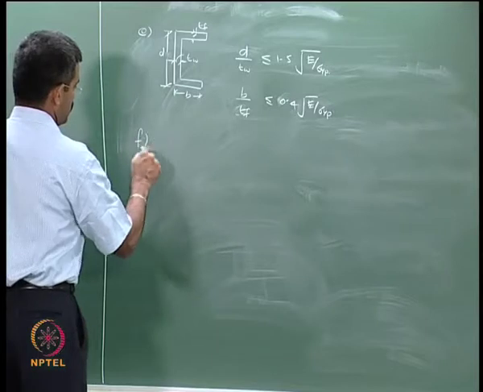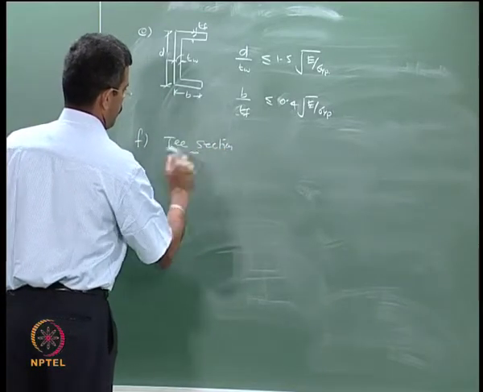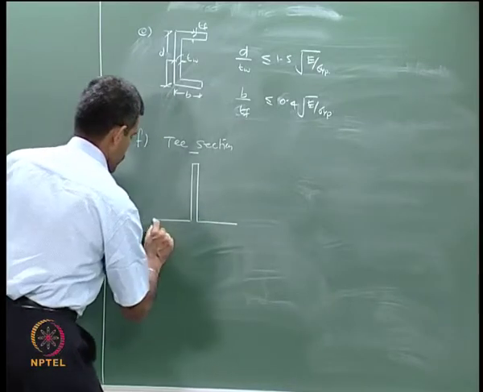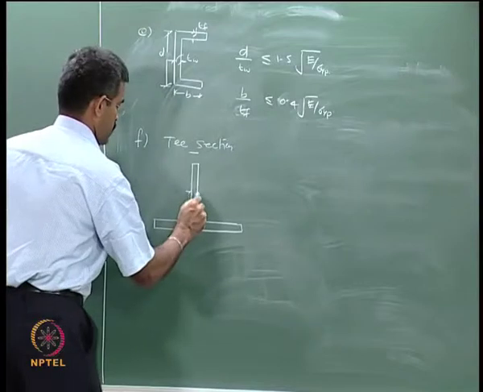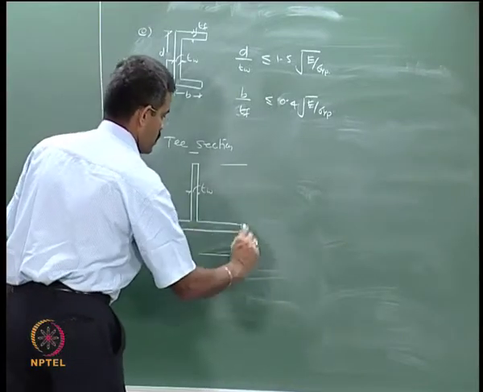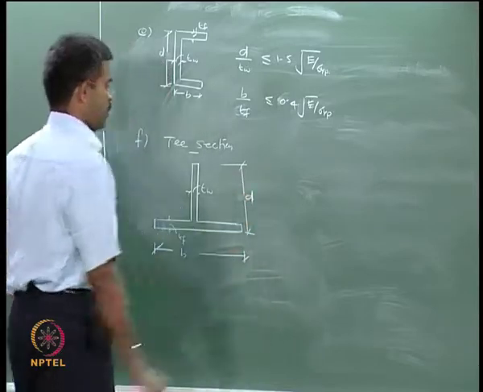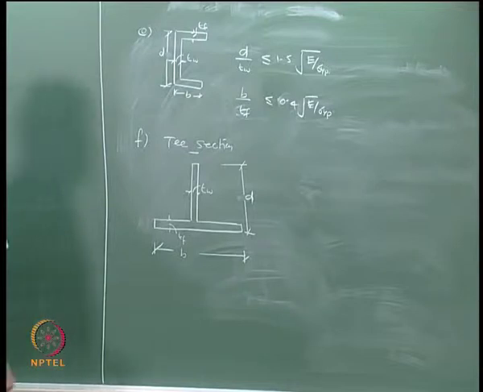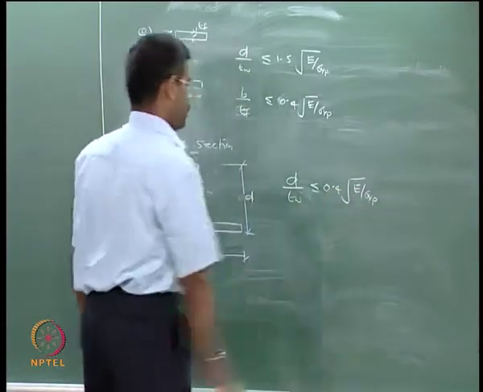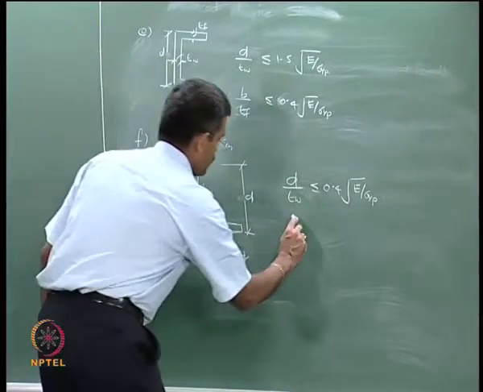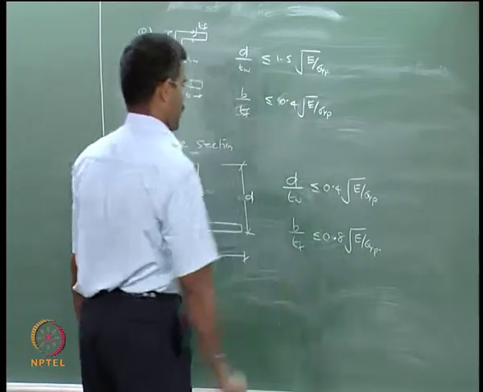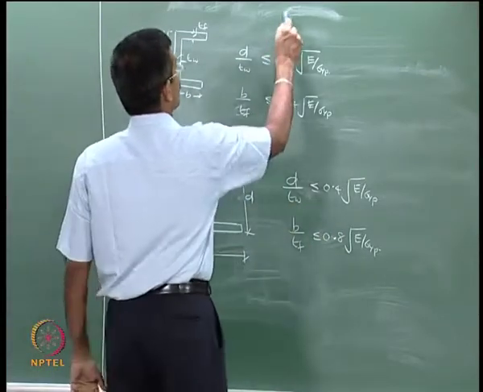You can also have a T section. D by Tw less than 0.4 E by sigma yp, and B by Tf less than 0.8 E by sigma yp.